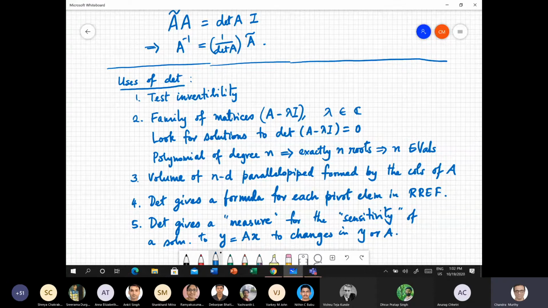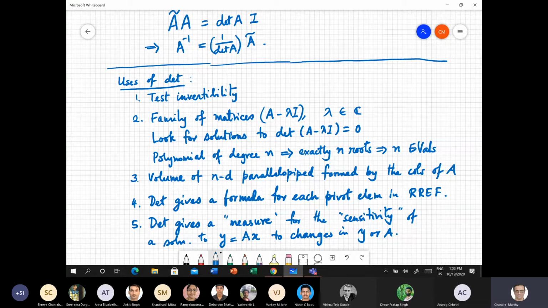asked to find x, and suppose tomorrow somebody came back to you and said that y was measured incorrectly, and so there is a small perturbation, and the actual y is some y prime, then you've already given them your solution. Then you can compute how sensitive your solution is to this error in y.